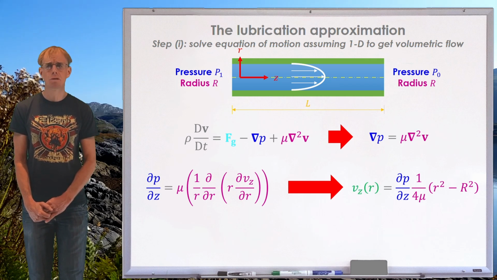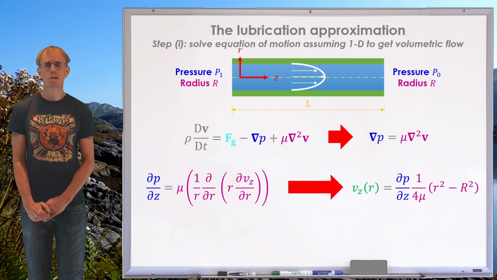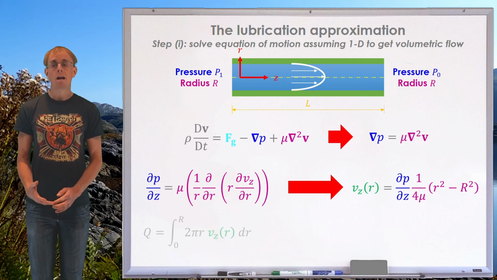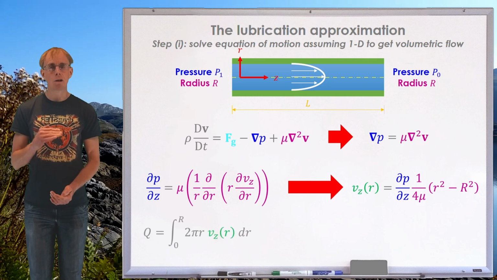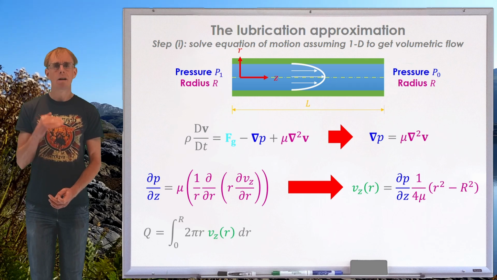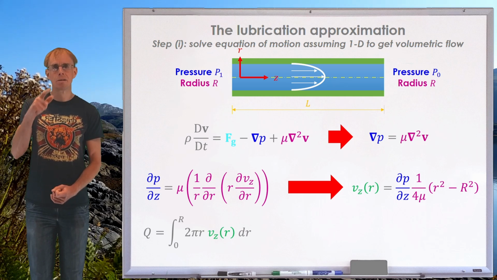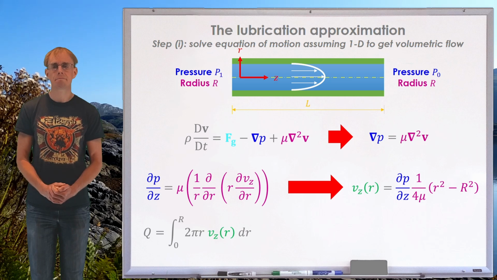And hopefully what you remember from this is that my volumetric flow is an integral. Because I've got centerline symmetry, I can start at the center of the tube and work to the outside edge. At an arbitrary radius between those points, little r, I can think of a perimeter of length 2 pi r.